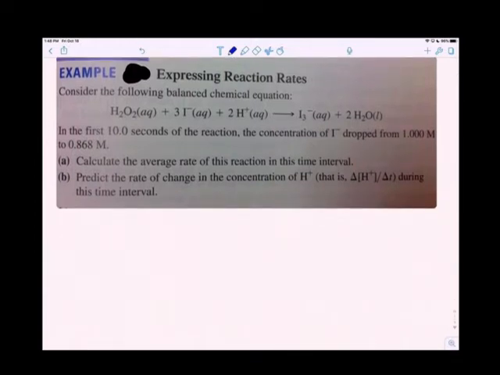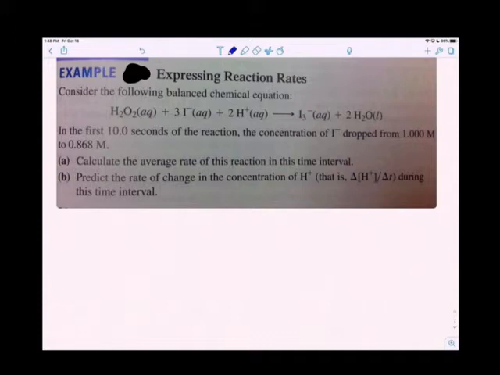We have hydrogen peroxide plus 3 iodides plus 2 hydrogen ions makes I3 minus plus 2 waters. In the first 10 seconds of reaction, the iodide concentration dropped from 1 molar to 0.868 molar. So what is the average rate of this reaction in the time interval?